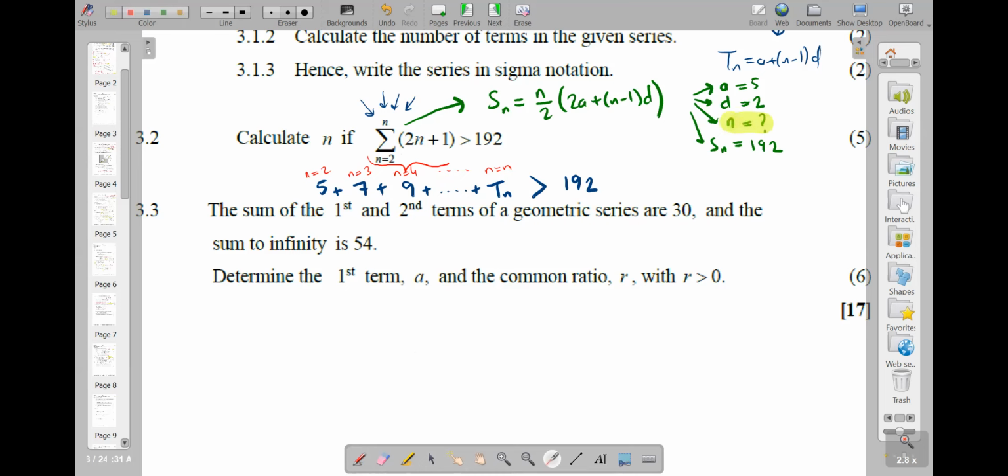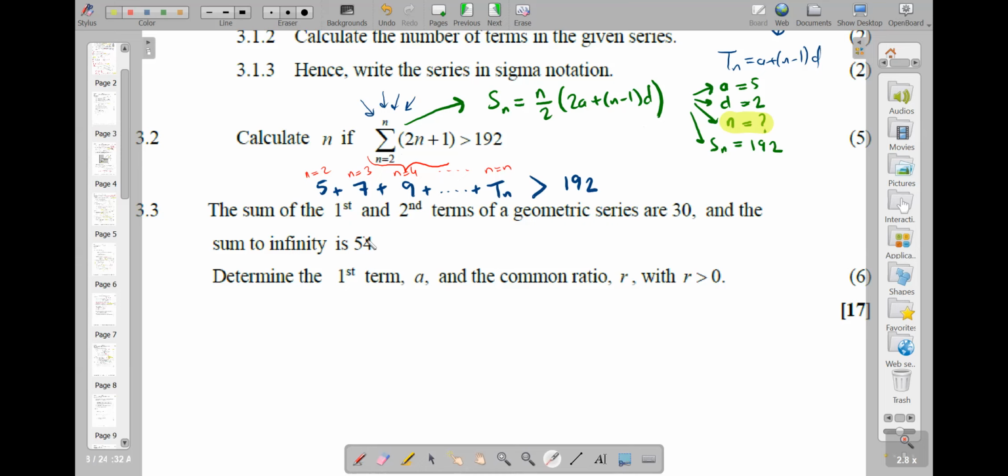You know A, you know D, you know the sum. You can use the quadratic formula and from then figure out n. Even if you get a decimal answer, it must be a positive integer, a natural number for n. You can just take the previous positive integer that satisfies the condition.